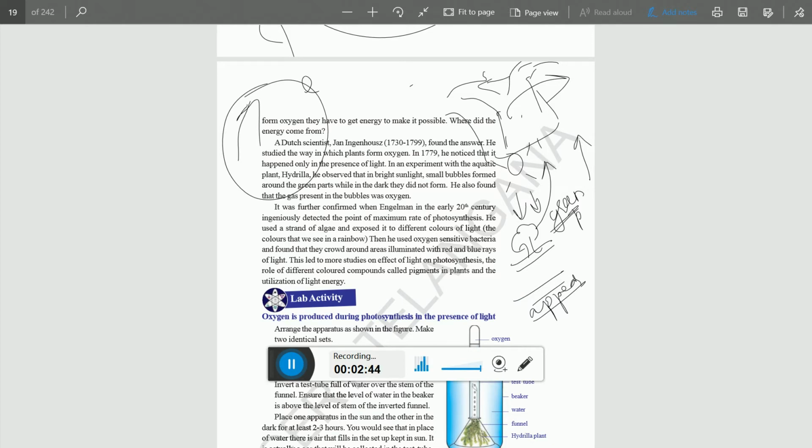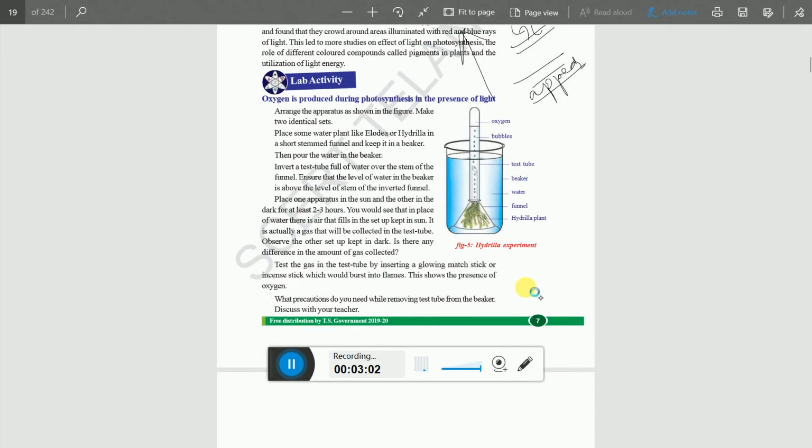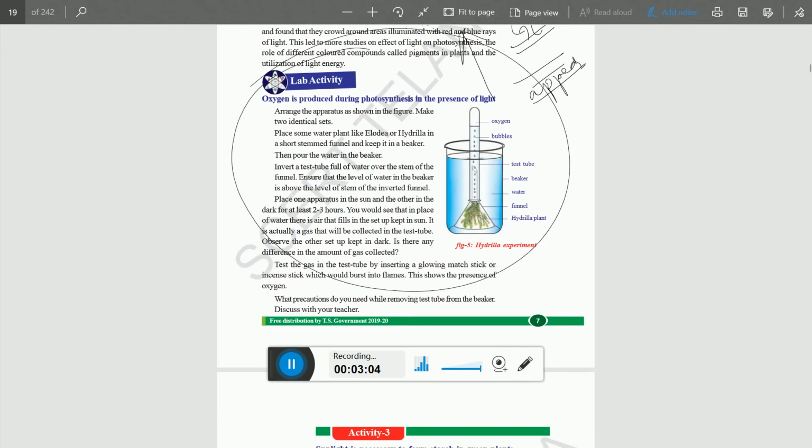So this was the thing which was given by Engelmann. He detected that the maximum rate of photosynthesis will be high when exposed to sunlight. That means if any tree is exposed to sunlight for maximum time, then photosynthesis also will be at a higher rate. That was completed. And oxygen release by Hydrilla leaves was completed.